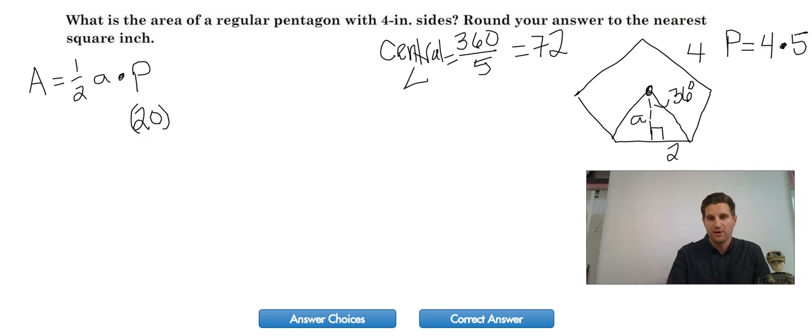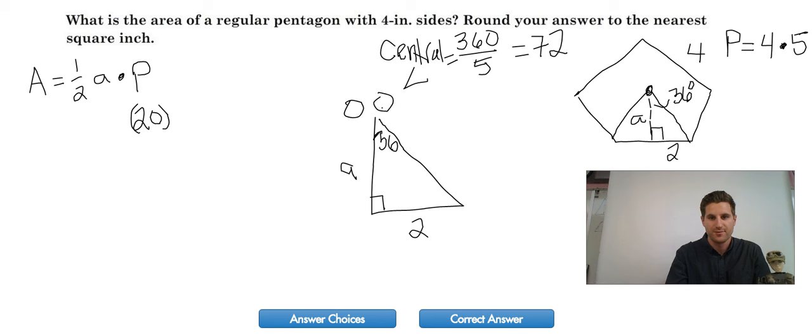And then to find the apothem, I'm going to go ahead and draw the triangle out. So the apothem was here. We have 36 here. Okay, and down here we have 2. So put those eyeballs up here, and we're going to get a very similar response for a lot of these, and that's going to be opposite and adjacent, so we're going to get tangent again. And the reason why is because they keep finding themselves in the same spots.